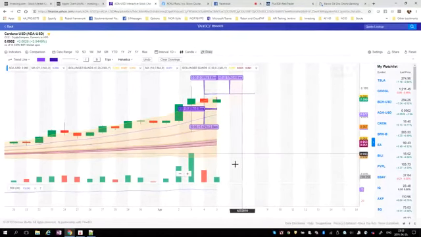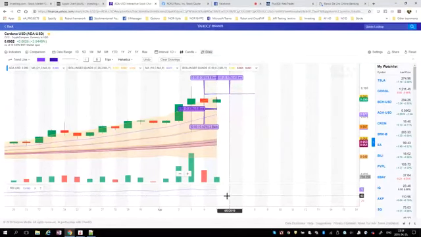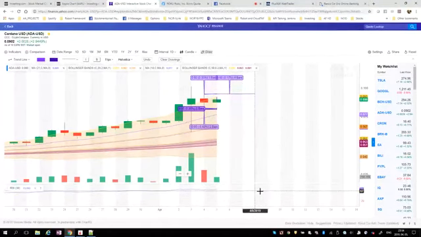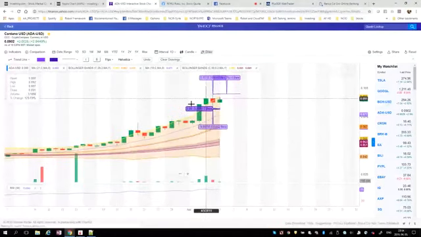In that case, pag nagkaroon ng pullback, itong RSI levels will somehow go lower. So hindi na siya magiging overheated. Magpo-cool down muna siya hanggang sa magkaroon ulit ng panibagong traders who are entering the market, pushing the price higher. So that would be the best, really.